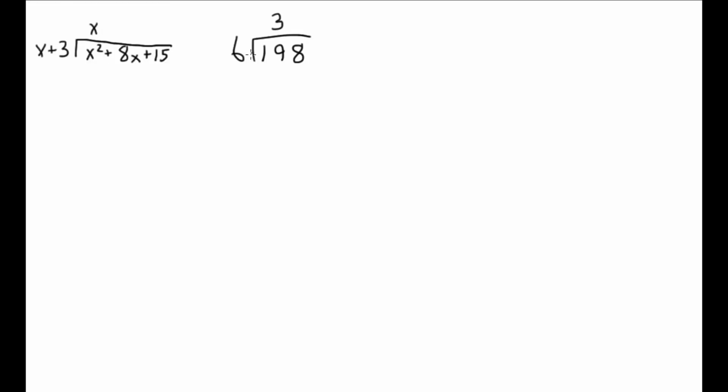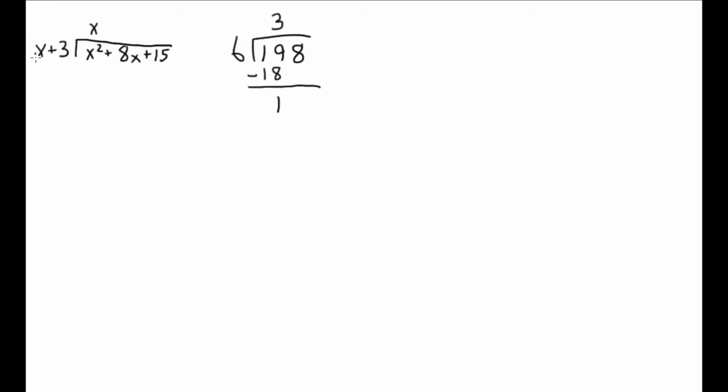Now the next step is we multiply these two numbers and then subtract it from this number here. We call that the dividend, the number that we are starting with. So we multiply these two numbers and we get 6 times 3 is 18. Then we subtract 19 minus 18 and we get 1. So now we're going to do the same thing here. x, multiply that.